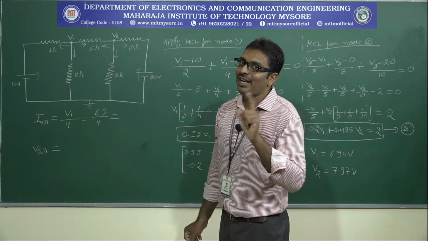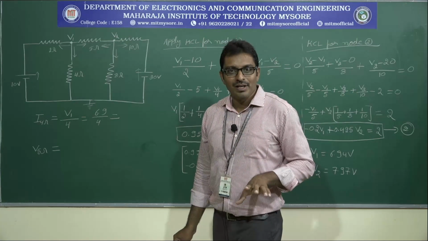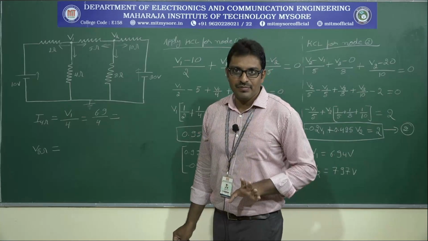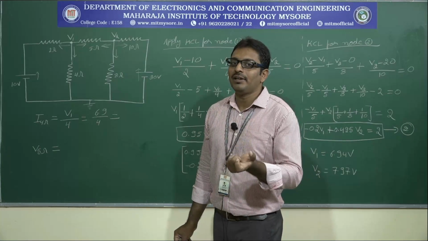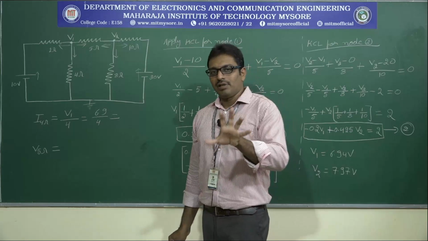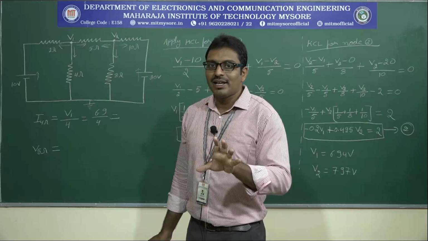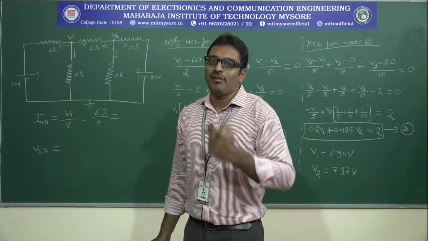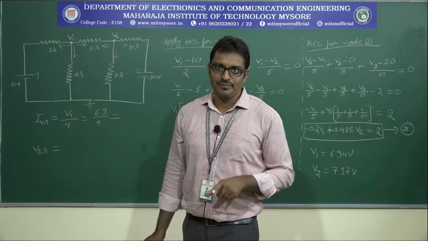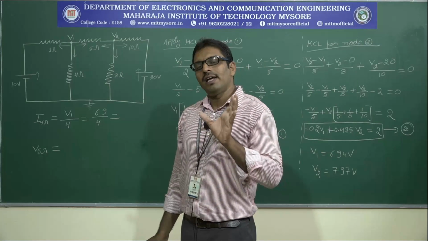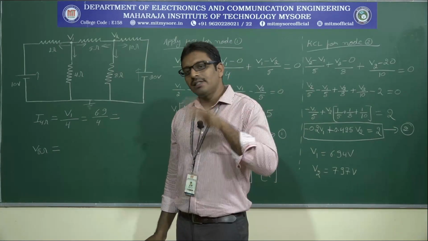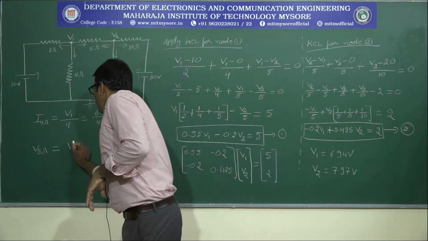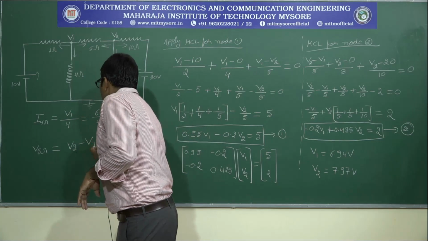If you consider V1 minus V2, you will get a negative value. Voltage should never be negative. If the voltage value is negative, the conclusion is that whatever polarity we are considering is wrong. The right polarity is opposite to our assumed polarity. Is that clear? That is why always higher potential minus lower potential. That is why V2 minus V1.